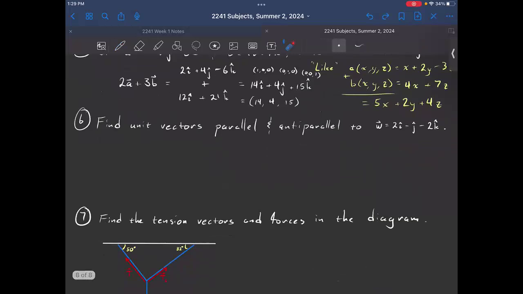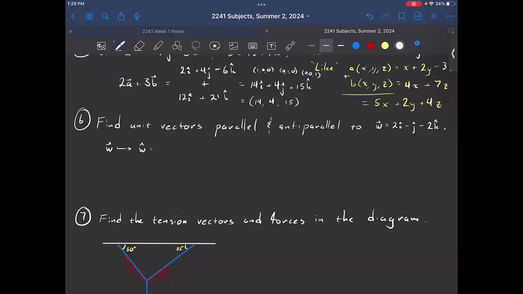All right, almost there. Our sixth problem says find unit vectors parallel and anti-parallel to W, which has this form. Oof, okay, so how do I find a unit vector? Well, I have to write that formula back down for you. Given a vector W, we can compute its unit vector.